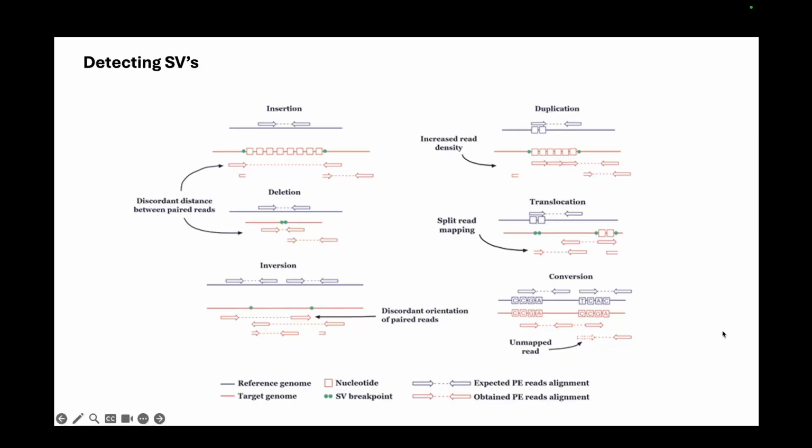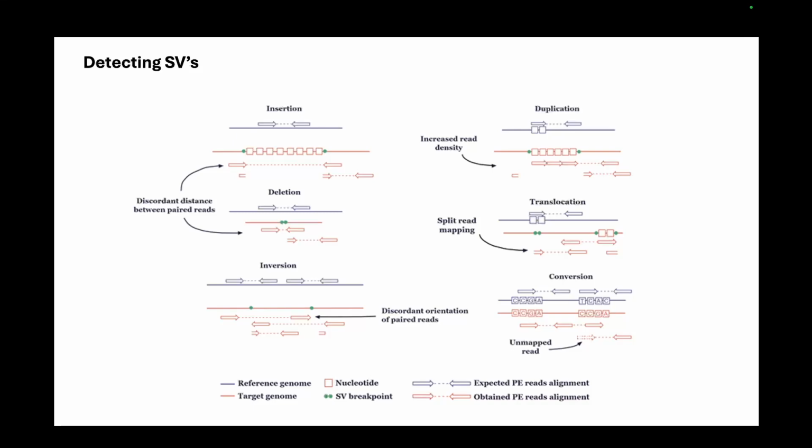Okay. Now, as I was saying, there are different types of evidence to identify structural variations inside the genome. If you are using Illumina, it's paired end data, which comes in very handy while detecting structural variations. Say, for example, you have an insertion in a place of the genome. What you'll have is paired end reads like this when you have generated the data. You know that these two reads have a certain distance between them, right?